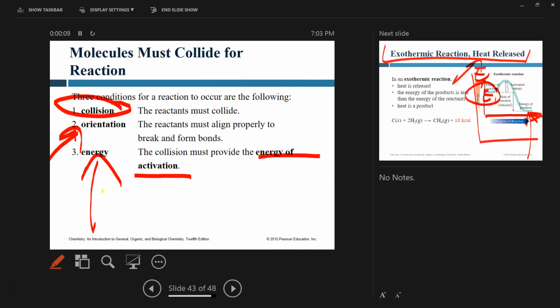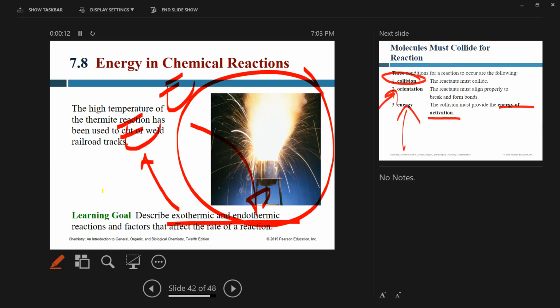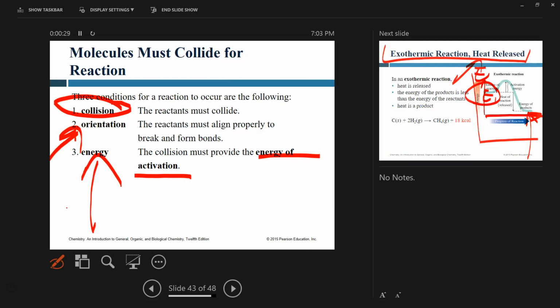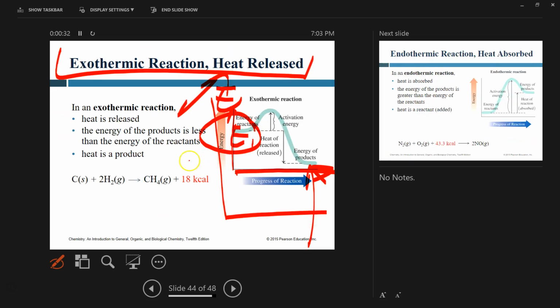The difference between E1 and E2 will be essentially that number, that difference between the energy. That's the heat that is released in the course of the reaction. Is that clear? Now let me explain it in analogy terms.